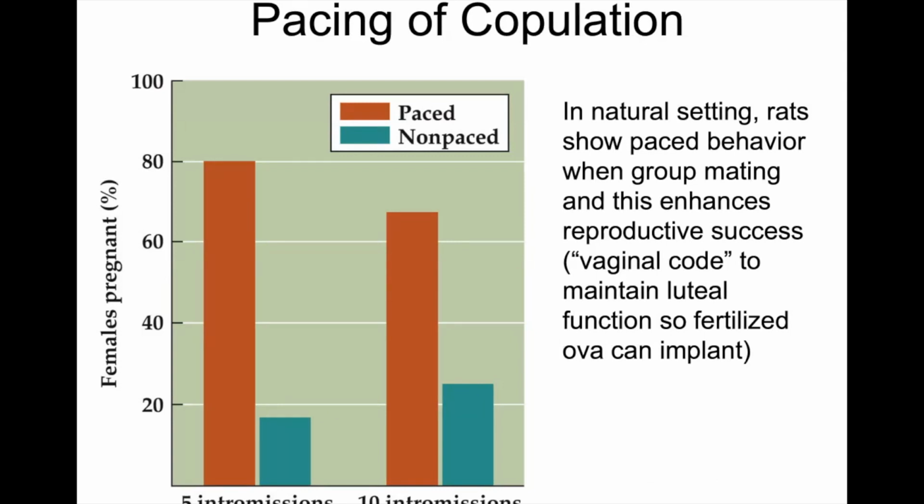The idea here is that the pacing of the entries, not really depth or anything like this, but the pacing, maintains luteal function so that the fertilized egg can be successfully implanted.